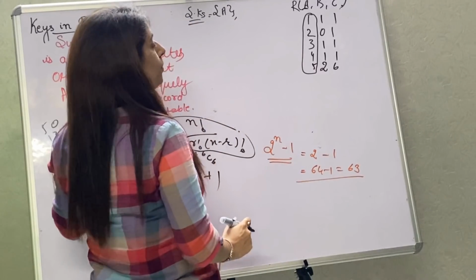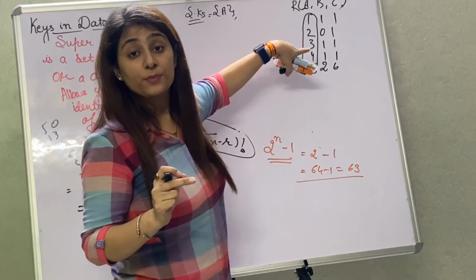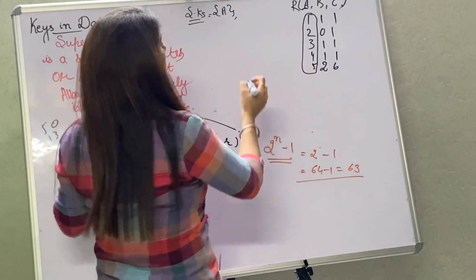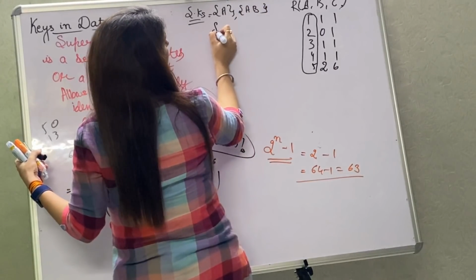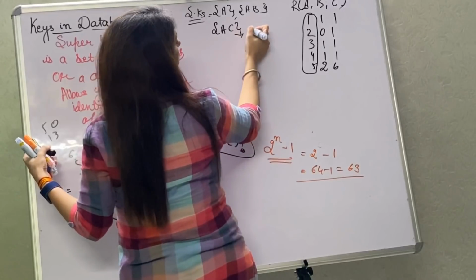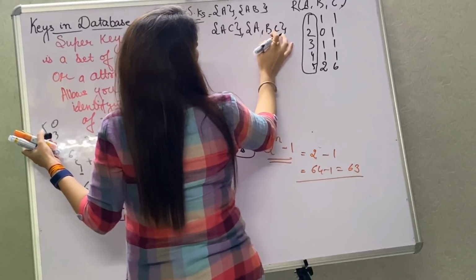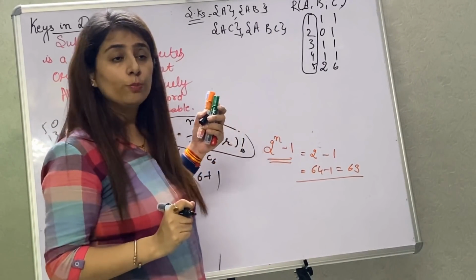Now if I make a combination of A with another set, that will also become a super key. Like if I write AB, that is also a super key. If I write AC, that is also a super key. ABC is already a super key here.